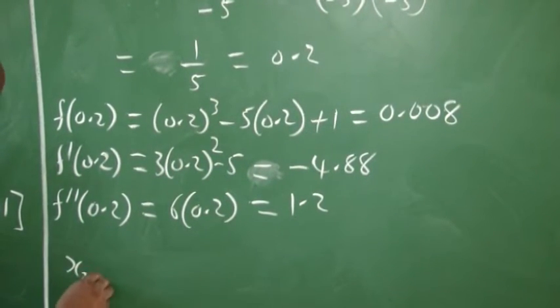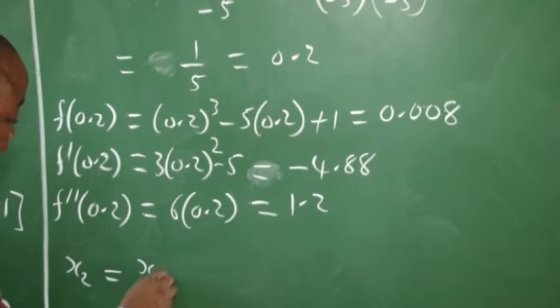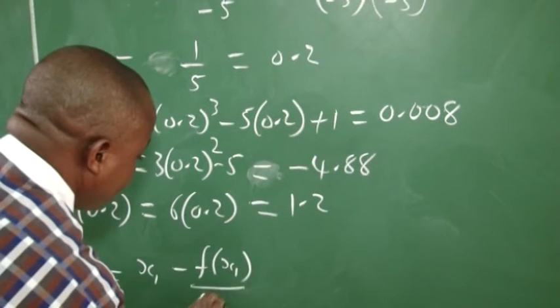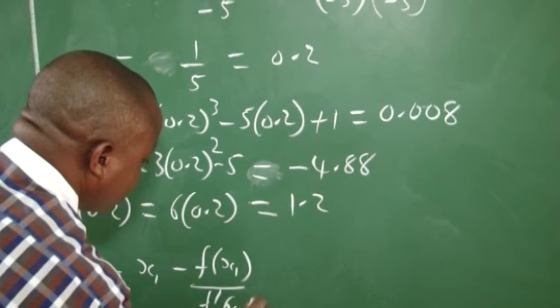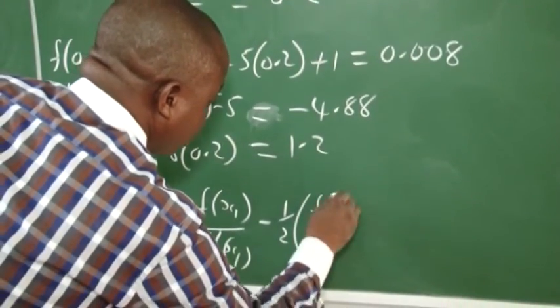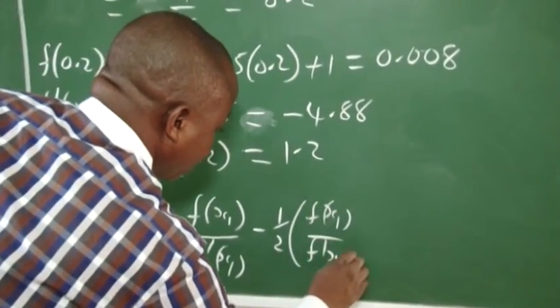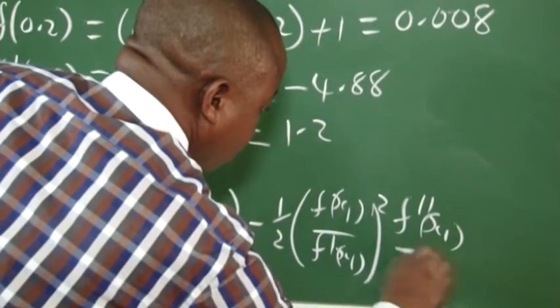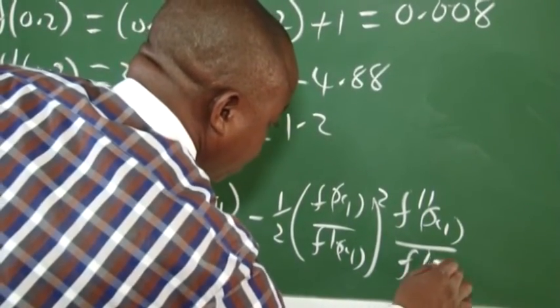x2. x2 then becomes x1 minus f of x1 over f prime of x1 minus 1 over 2 times f of x1 over f prime of x1 squared times f double prime of x1 over f prime of x1.